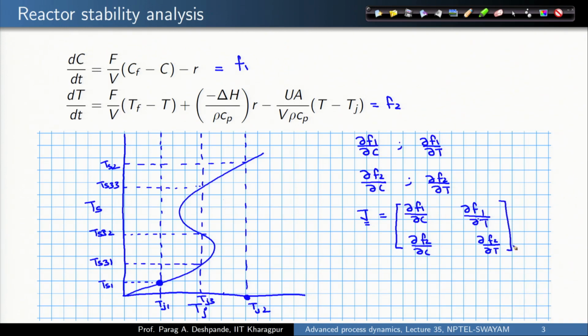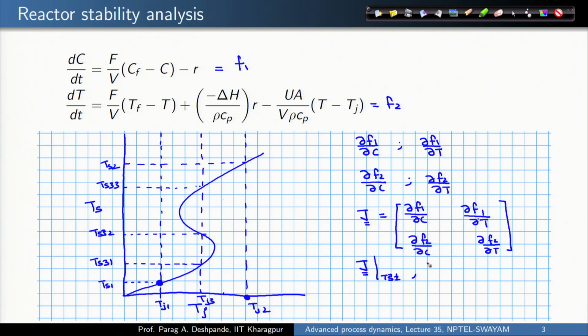And then, if you remember the procedure, you will determine these Jacobian matrices at steady states. So, let me write it explicitly, you will determine this at T steady state, with 3 1, this is the notation we used, T s 3 1.